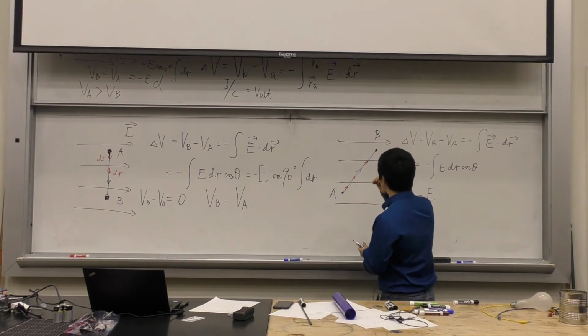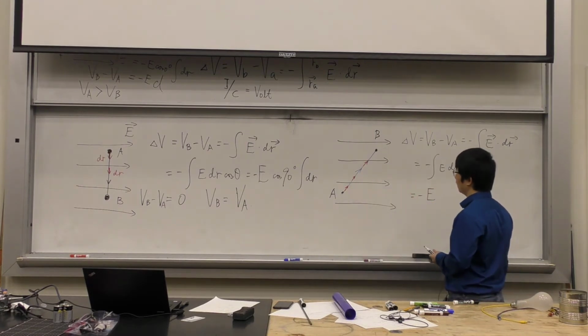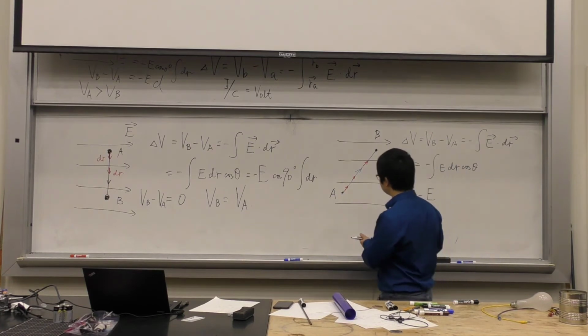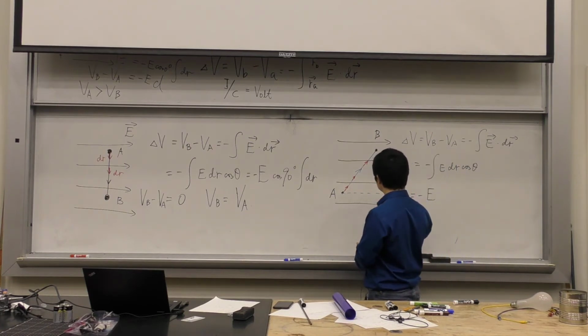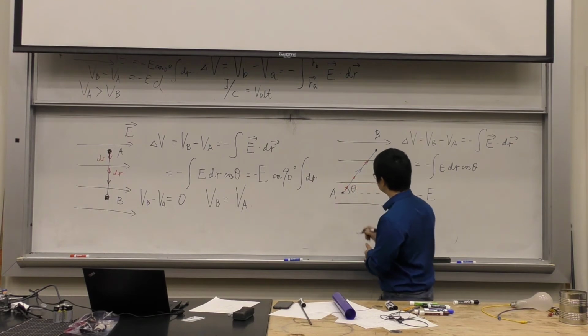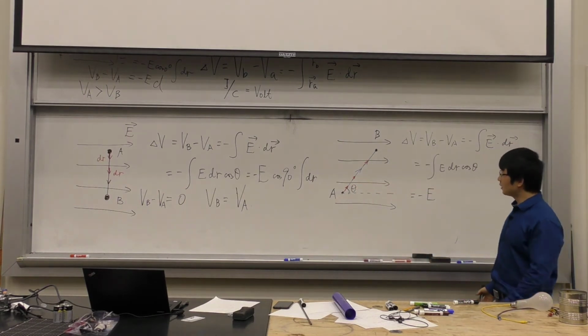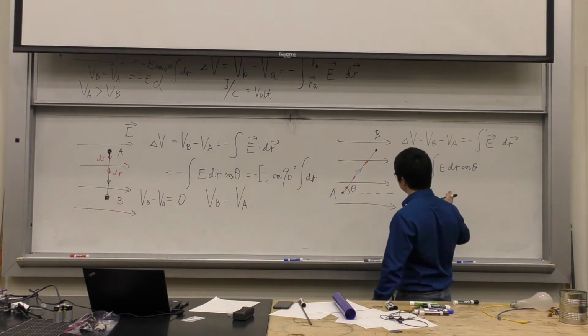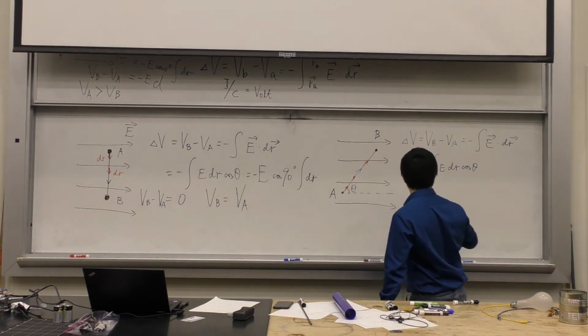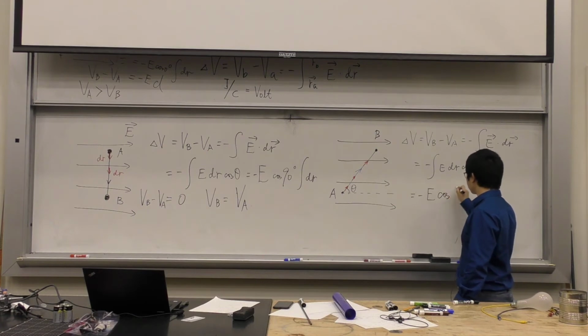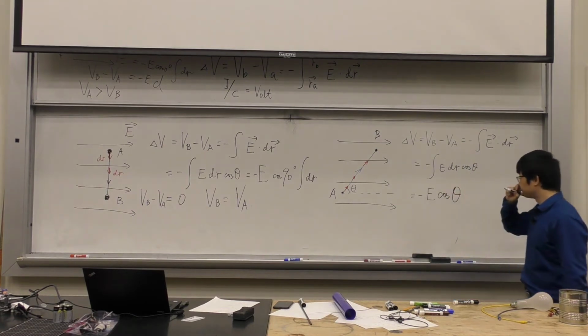So what is the angle between dr and this E? Well, that's just going to be this angle, if you call it theta, right? But this angle is going to be a constant, so still not a variable if this is a uniform electric field, okay? So I can still take it out, but it's just not a special angle. So let's leave it there.